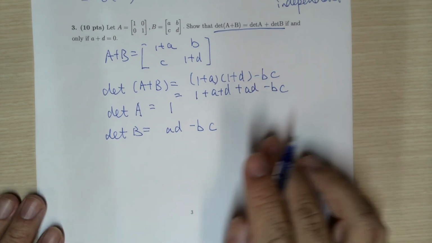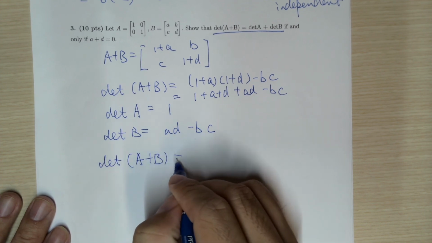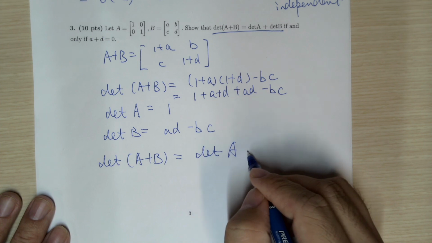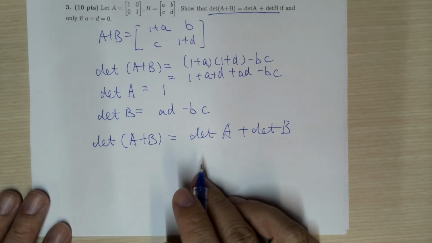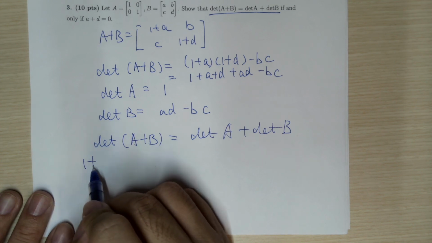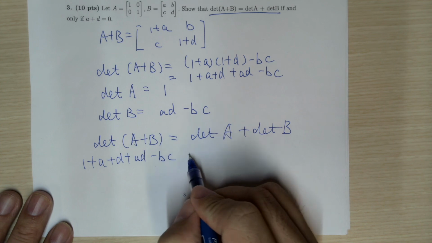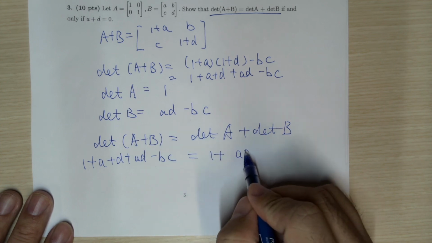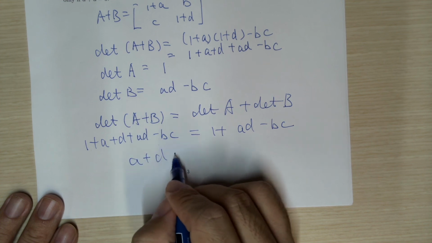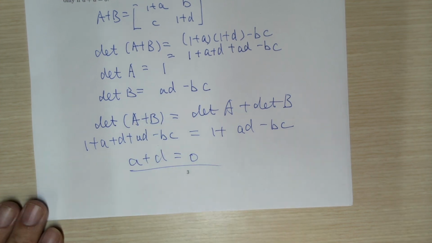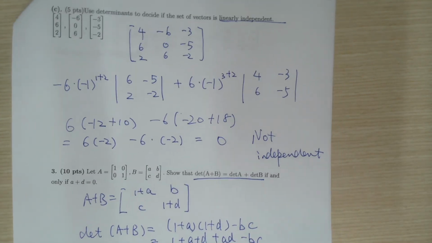So if you want the determinant of A plus B to equal the determinant of A plus the determinant of B, you need to make sure 1 plus a plus d plus ad minus bc equals 1 plus ad minus bc, meaning a plus d must be 0. Okay, so yes, it's easy to handle.